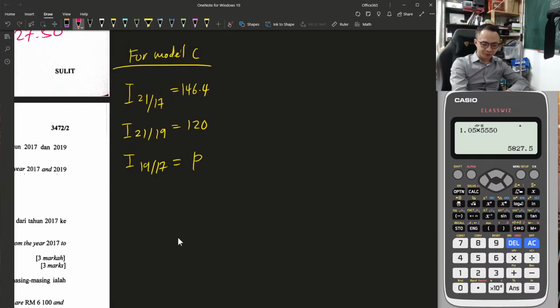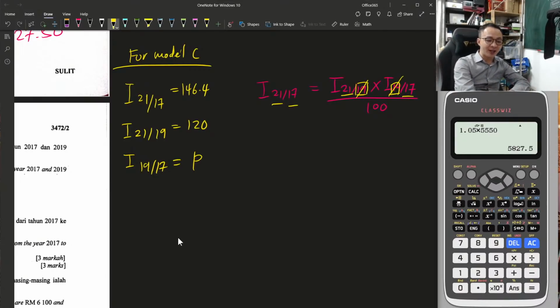For the index number, 21/17 equals 21/19 times 19/17 divided by 100. You just pay attention to the middle number: 19 and 19 must be the same. Just imagine you cancel them, you get 21/17. Do you see the overall idea?